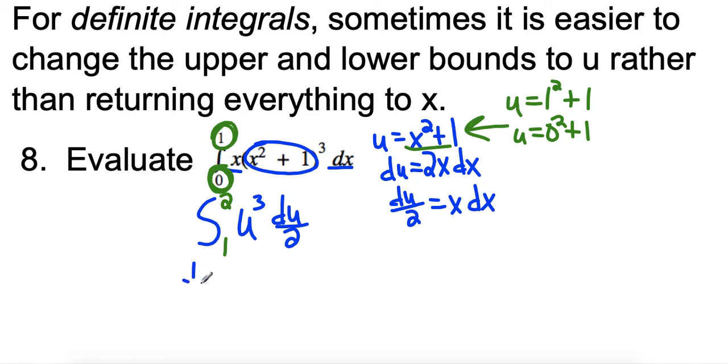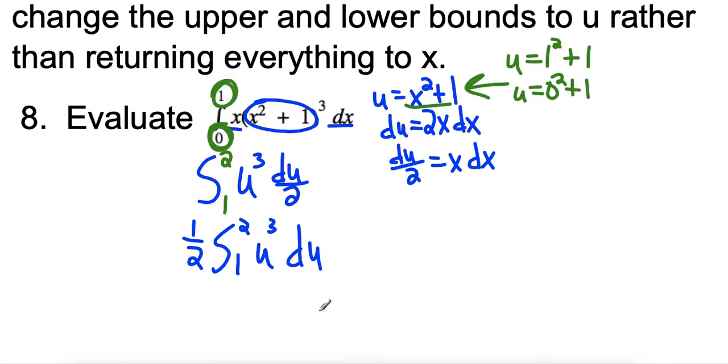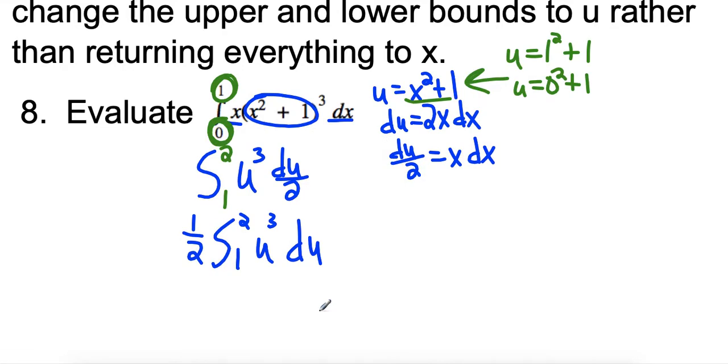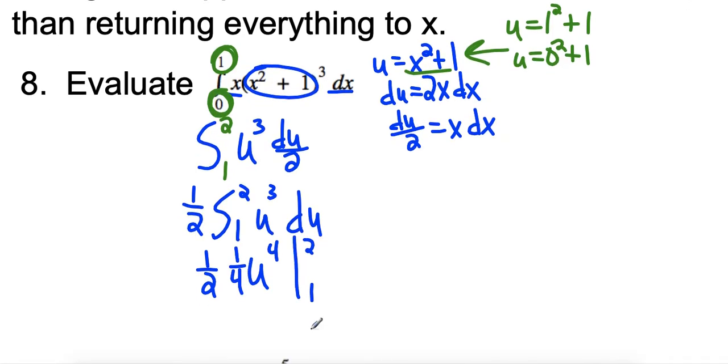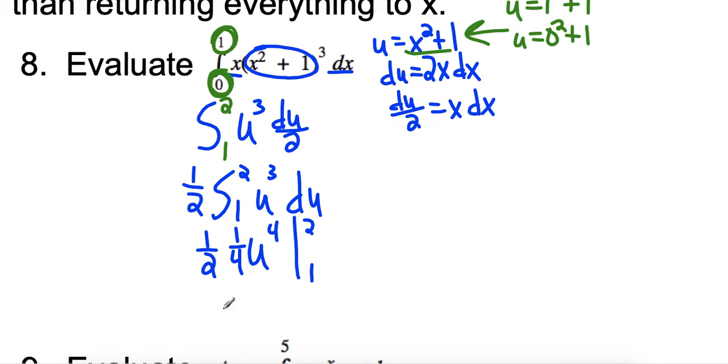So we'll pull out that 1/2 from 1 to 2. So let's see. That's going to give us u to the 4th, and we'll need a 1/4, and we're going to evaluate from 1 to 2. So this is 1/8 u to the 4th, evaluated from 1 to 2.